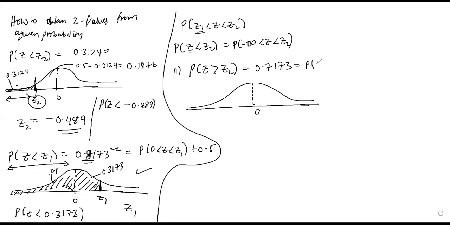You're skipping. It's supposed to be Z2 less than or equal to Z less than or equal to positive infinity.